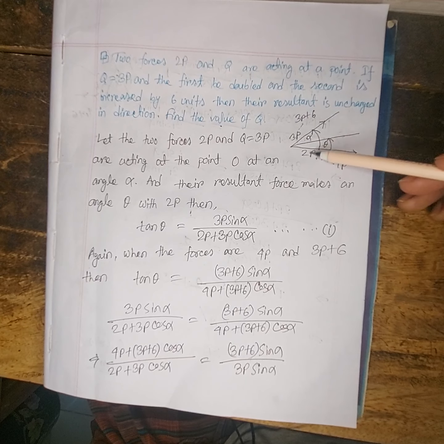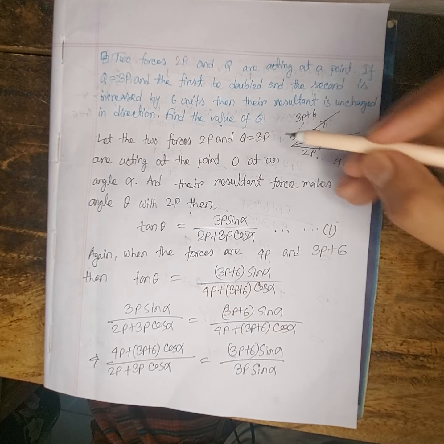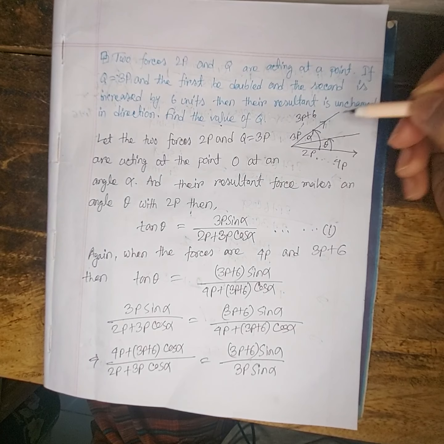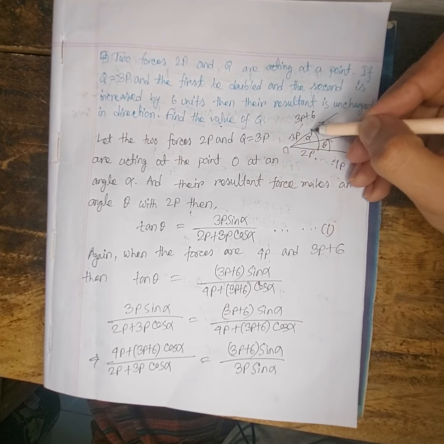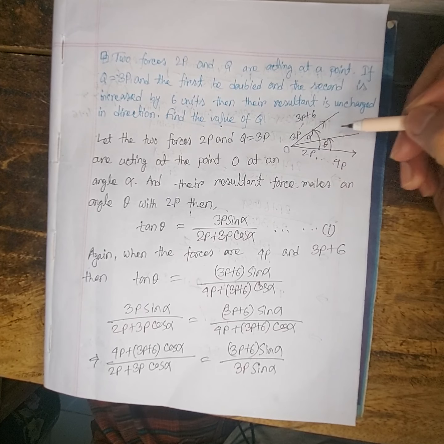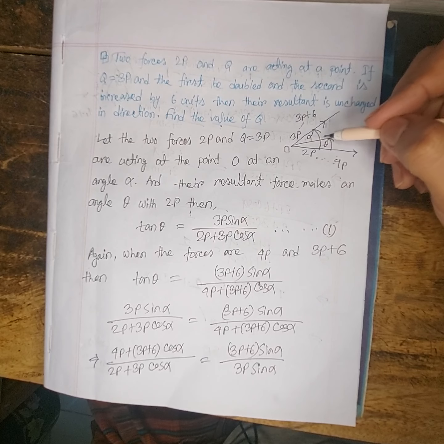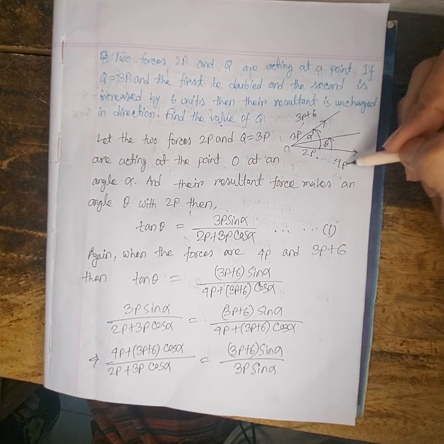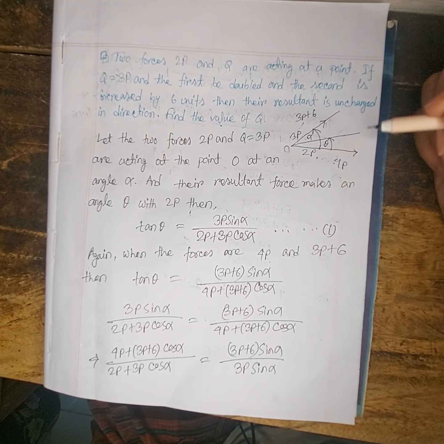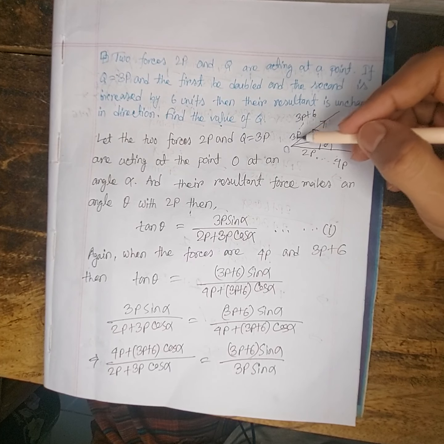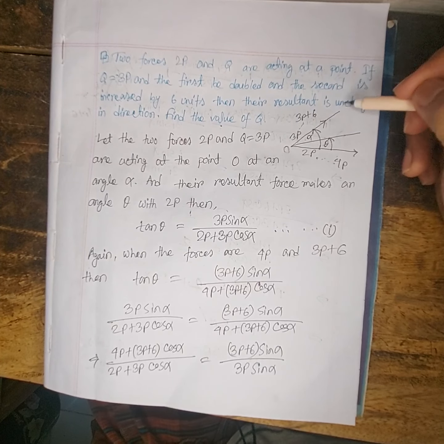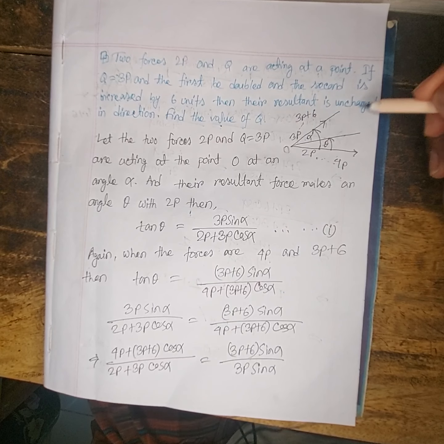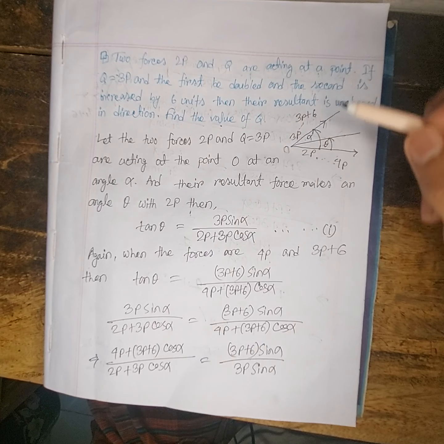Here two forces 2p and 3p act at the point, and the angle between them is alpha, where q is equal to 3p. If the first force is doubled, that means 2p becomes 4p, and the second is increased by 6 units, then the resultant is unchanged in direction. We have to find the value of q.